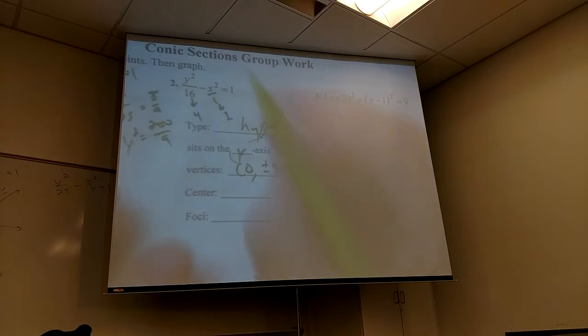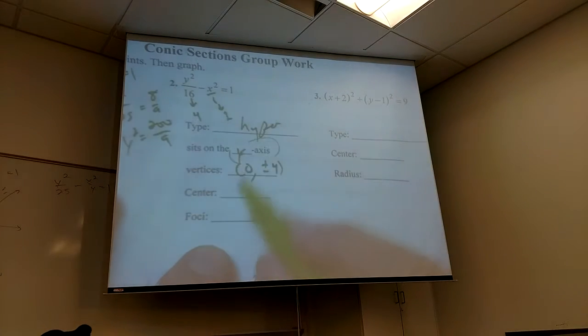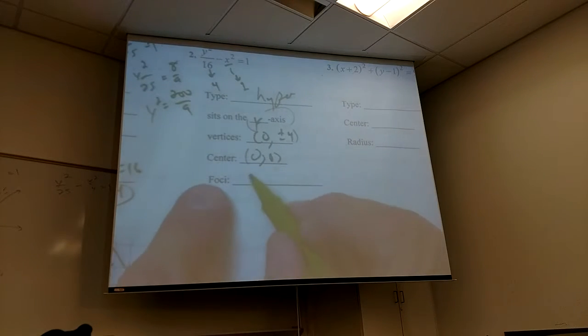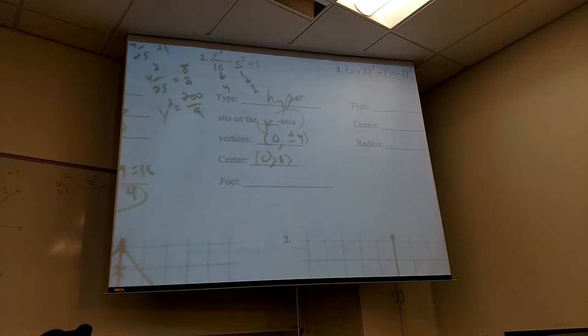So what do I mean by that? Well, the center, real quick, of course, is 0, 0, because it hasn't been shifted anywhere, unlike this one. This will have a different center. And the foci, I don't think we did this one, but this is the point I was trying to make earlier with the ellipse: it's got to be inside. It was a minus, so it was less than its vertices.